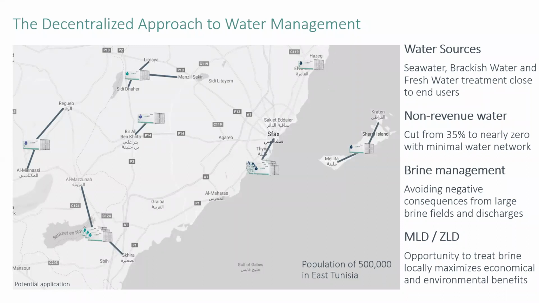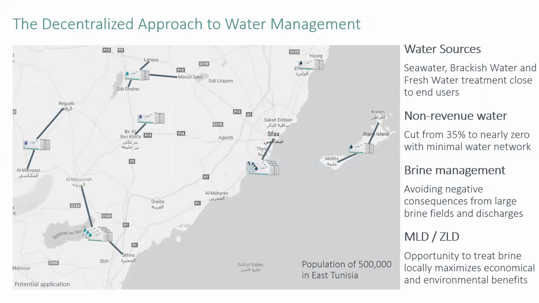One of the benefits listed on the right is having less long-distance piping. There's also less possibility of non-revenue water associated with the losses, so actually higher efficiency with the distributed design. In some cases, another benefit might be lower environmental impact of brine discharge.